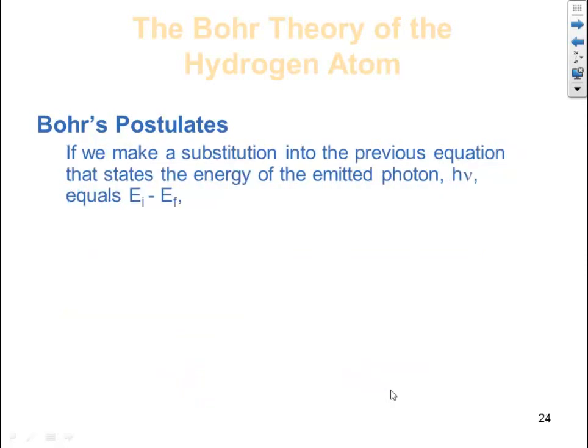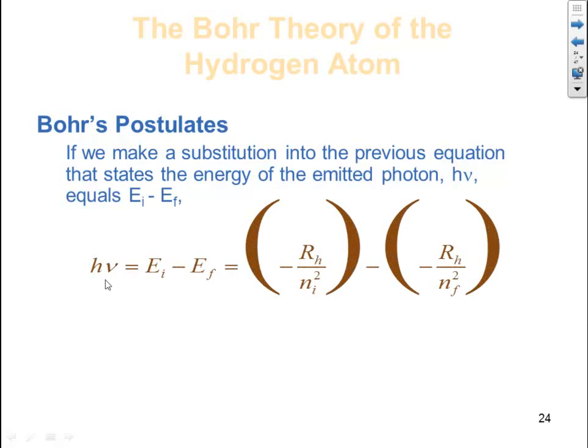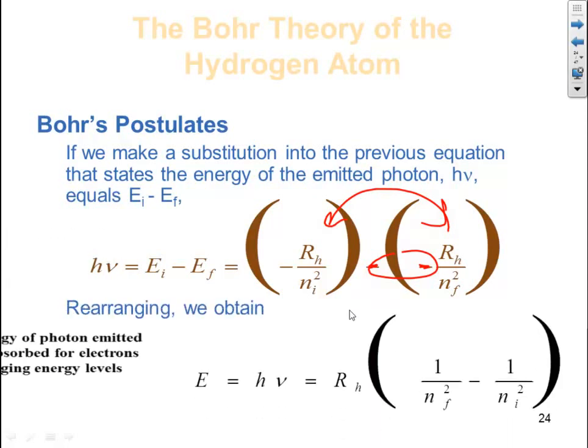If we make a substitution into the previous equation, which states that the energy of the emitted photon is equal to EI minus EF, we get the following. Your photon, your h nu, is equal to the difference of the levels, which is negative RH over Ni squared minus negative RH over Nf squared. Notice I have a negative and a negative, so it makes sense to multiply that out and make that a positive and then switch these two terms, which gets us our final equation.